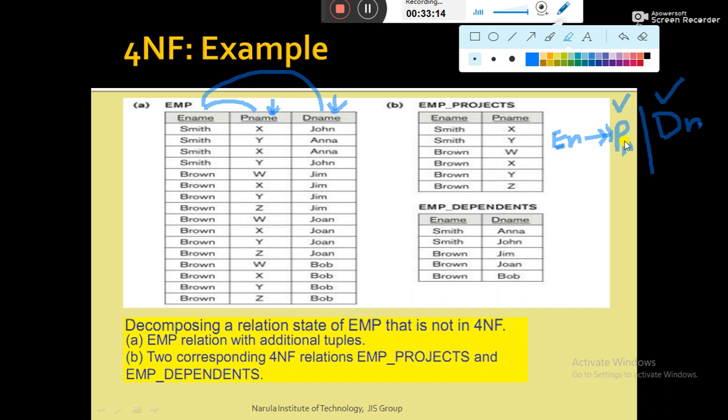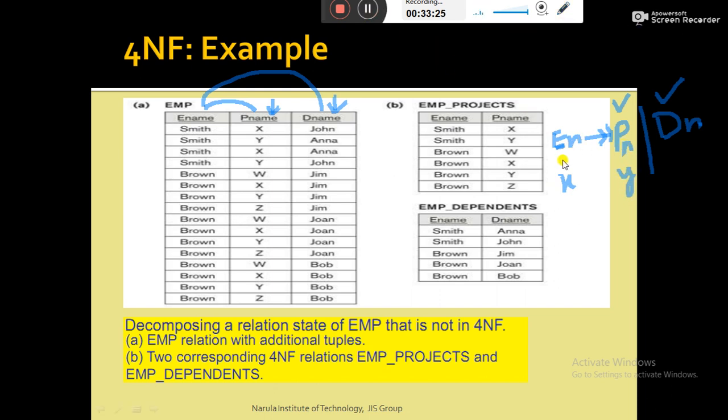Now check EN double arrow PN. So this is X and this is Y. Y is not a subset of X, means PN is definitely not a subset of EN. So the first condition does not hold. Second condition: if you union EN and PN, then whether we will get back the EMP. No, EMP has three attributes: ename, pname and dname. So if you union EN and PN, we are not getting the relation EMP.